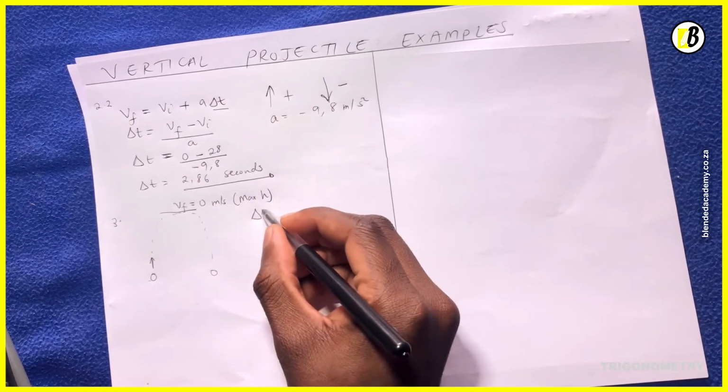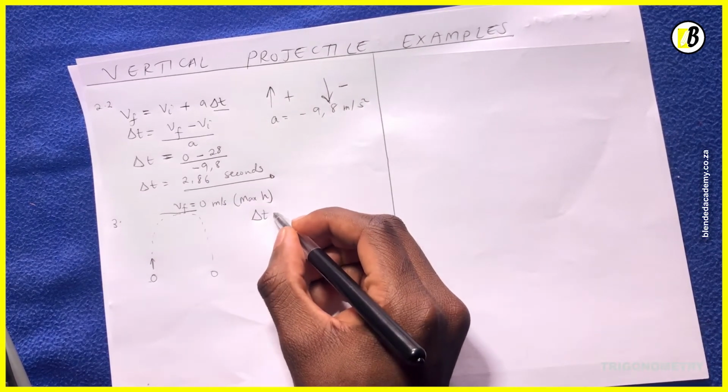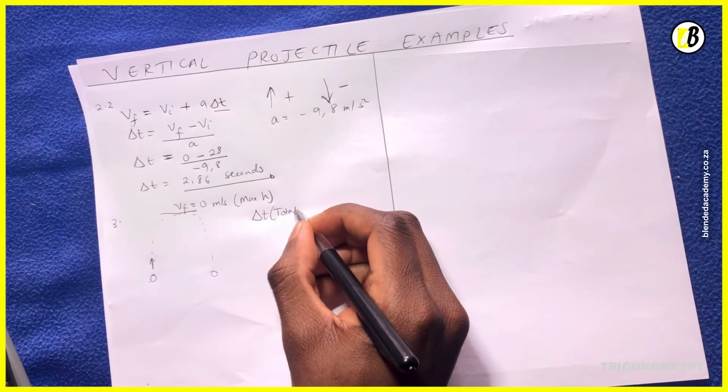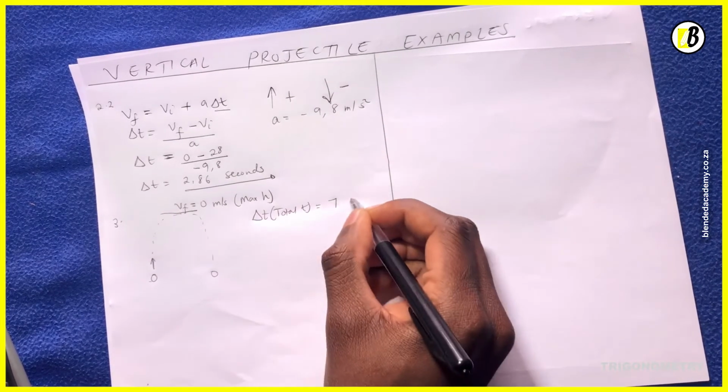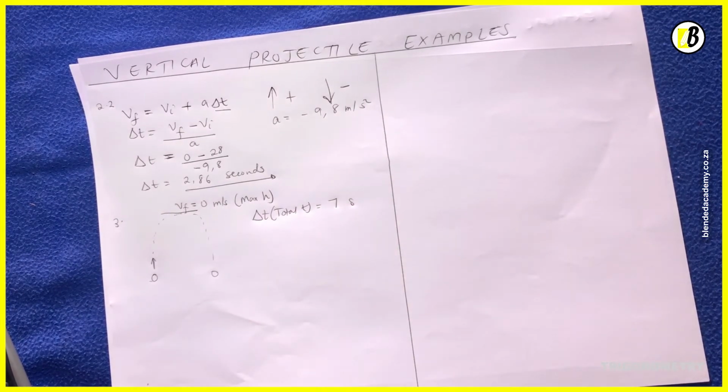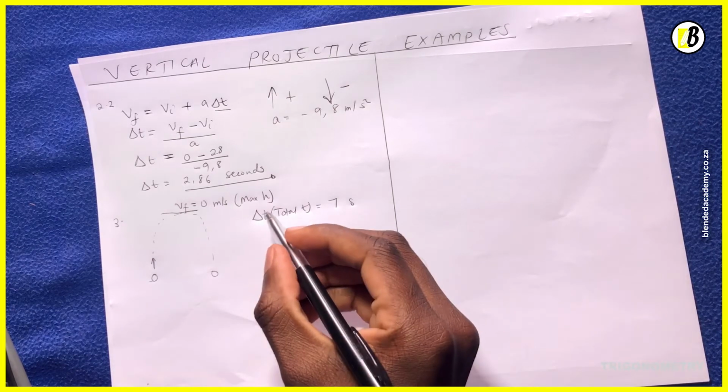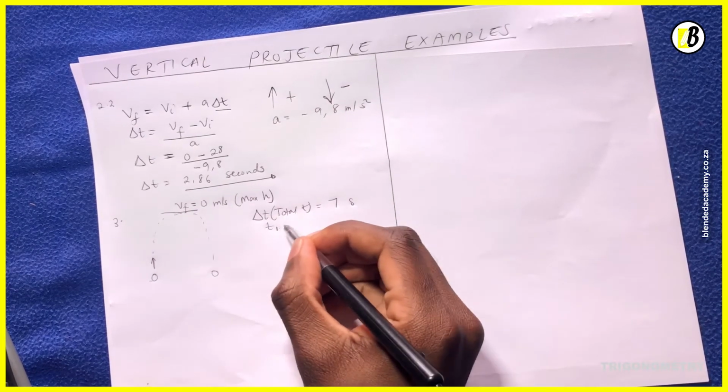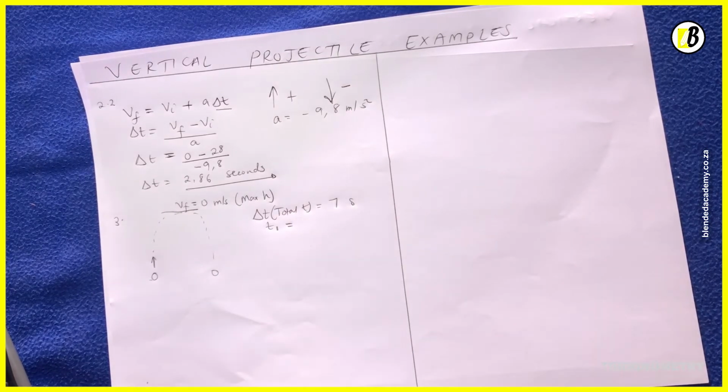So the change in time, or the total time, let me just say total t, that's 7 seconds. So from this total time, we can calculate the time that it takes to reach the maximum height and also the time that it's going to take from the maximum height back to the thrower's hand. So now let's just call it T1. T1 will be the time it takes from the thrower's hand to the maximum height.